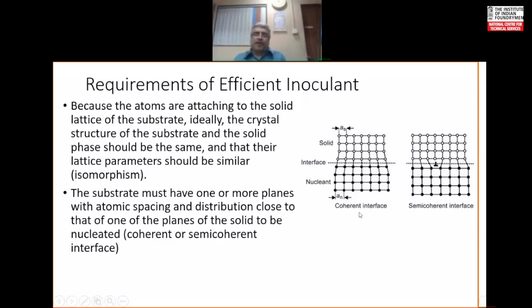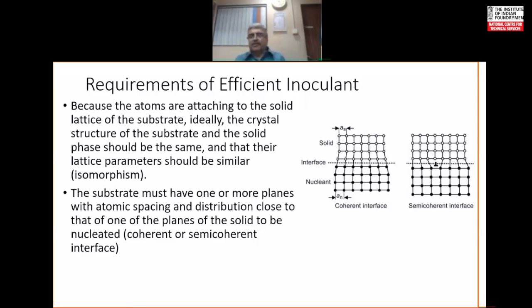In this case, because these spacings are very similar, we are calling it a coherent interface. While in the second figure, there is a bit of abnormality. They are not exactly the same, so we are calling it an incoherent interface.